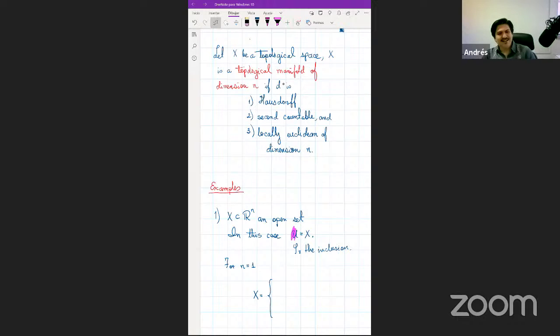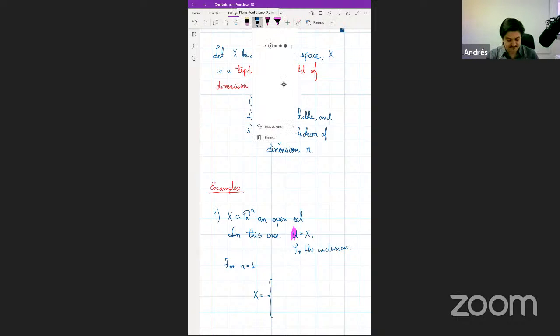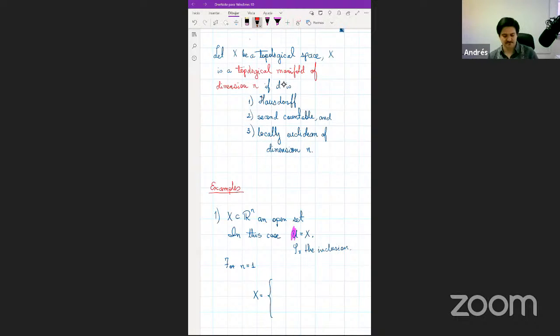For instance, in dimension 1, what are examples of topological manifolds of dimension 1, connected ones? What is an example? Open sets in R1. Like an interval?